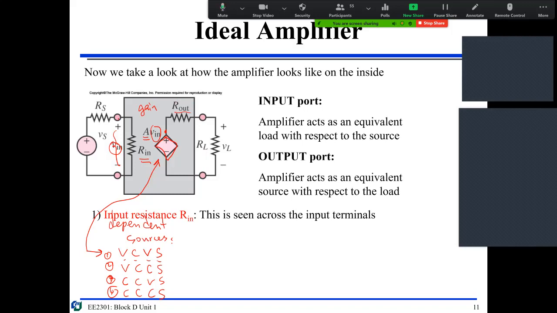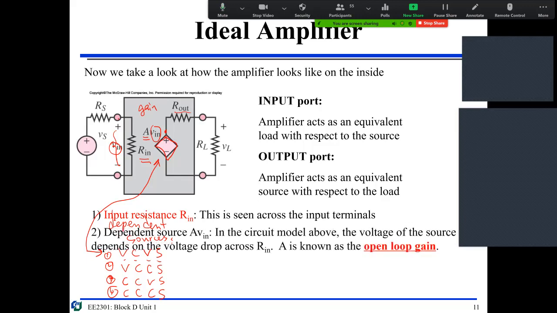Input R in is called the input resistance, and the dependent source AV is a VCVS, a voltage controlled voltage source. The voltage of the source depends on the voltage drop across R in. A is called the open loop gain. This gain could be made like 10 to the power of 5, so it's a very big number.